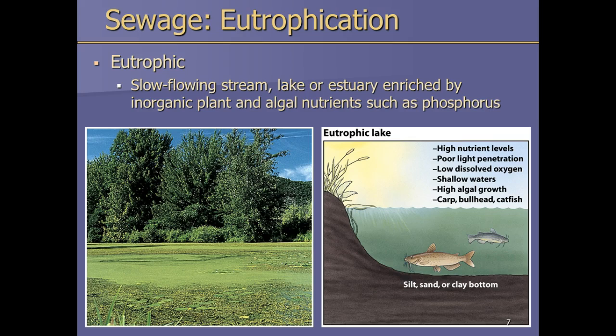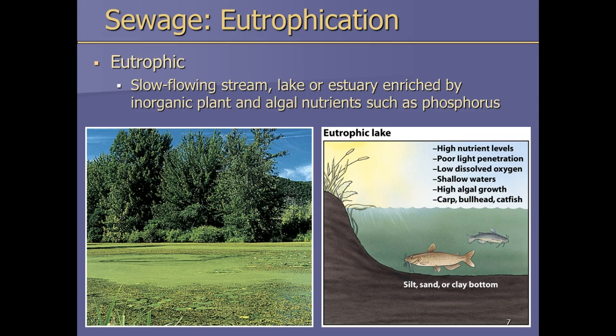There's plenty of, if you will, vitamins for the algae to grow. Algae has a life cycle. Algae dies, and aerobic bacteria decompose the algae, and the aerobic bacteria utilize all of the oxygen. So that gets you in an oxygen deprivation situation.